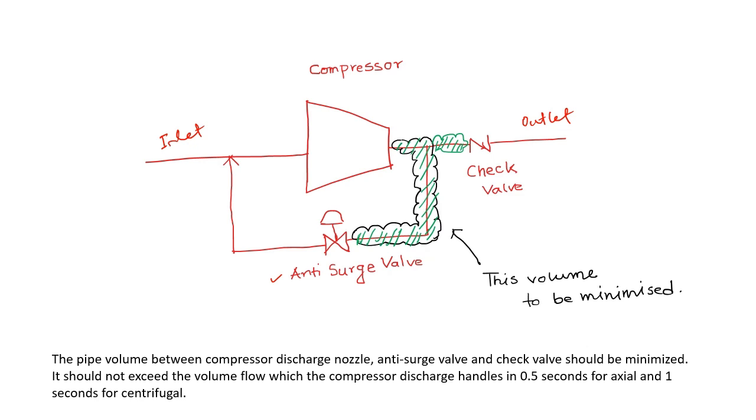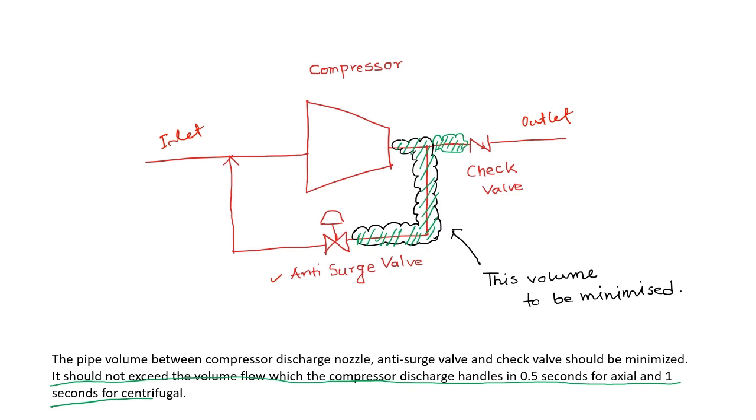That's why API 670 specifies the volume that can be between the compressor discharge and the anti-surge valve, and it is specified that it should not exceed the volume flow which the compressor discharge handles in 0.5 seconds for axial and 1 second for centrifugal.